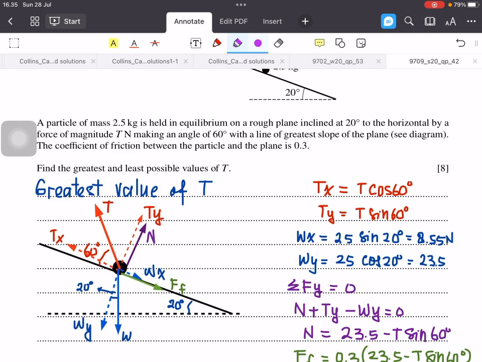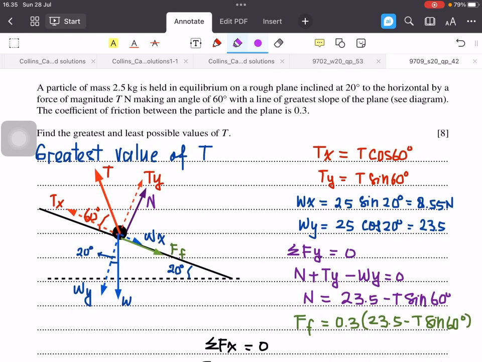And then for the normal force, the system is in equilibrium in y direction, so I can say that the net force in y direction is equal to 0. In y direction, we have the normal force, Ty and Wy. The equation in y direction is N plus Ty minus Wy is equal to 0.